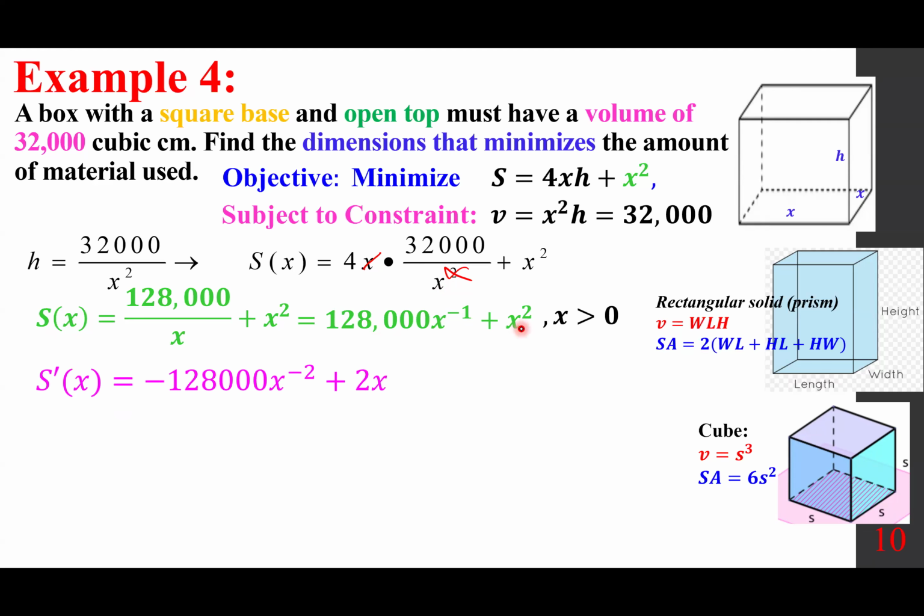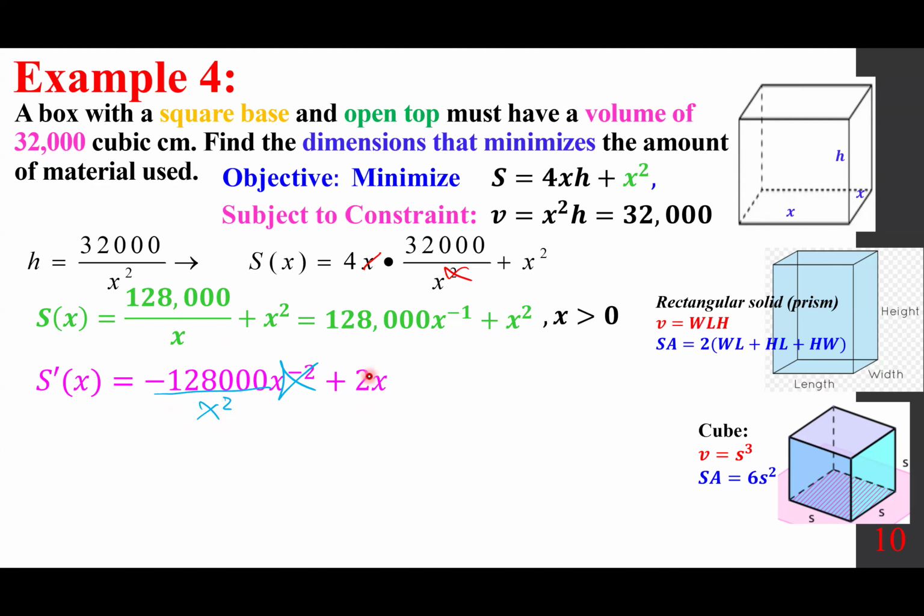Now, in order to find the critical points, you look at where S prime is 0 and where S prime doesn't exist. To do so, we are going to rewrite this in the following manner. Negative 128,000 x to the power of negative 2 is the same as negative 128,000 over x squared. I'm going to take a common denominator, which is x squared.